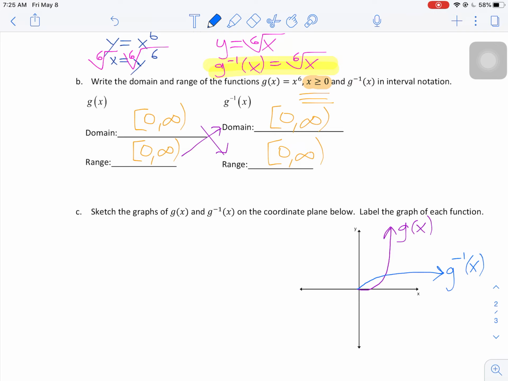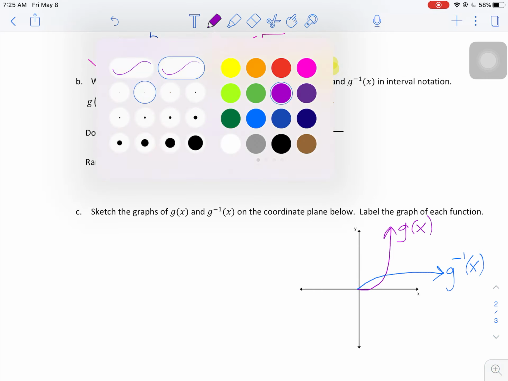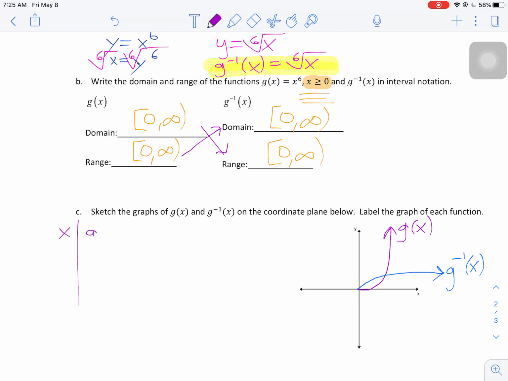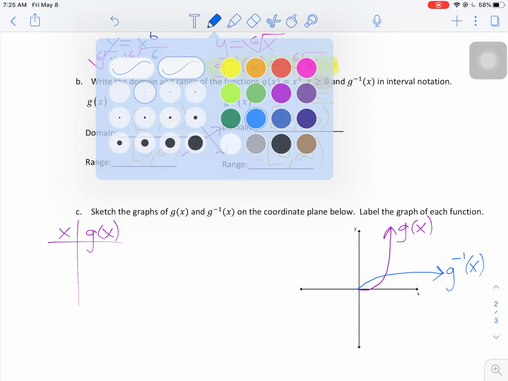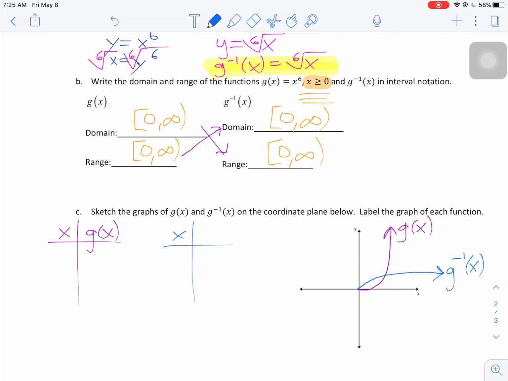If you are really struggling to visualize that, what I would recommend doing is just doing a small little t-chart. So for example, x and g of x, although I should make the colors match so we don't get confused. So x and g of x, and then for the blue one, x and g inverse x.